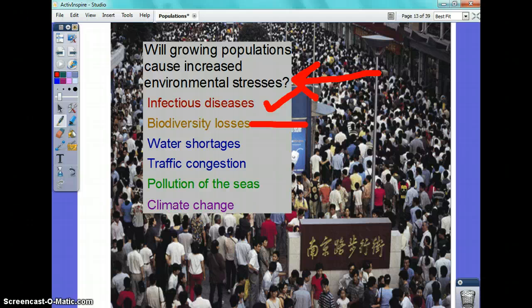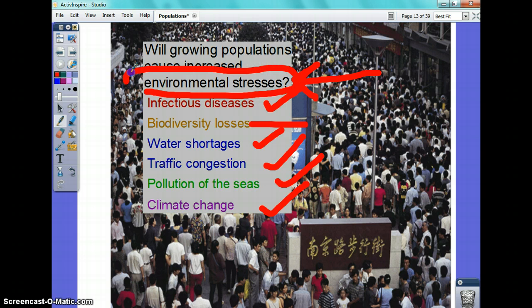Water shortages. Yes. We don't even have to say why. Traffic congestion. Yes. Which we have. Pollution of the seas, of course. Climate change. So, who could tell me why I didn't even have to go over these one by one?